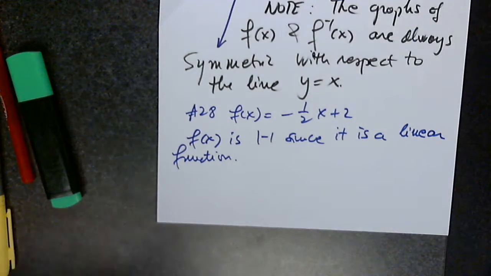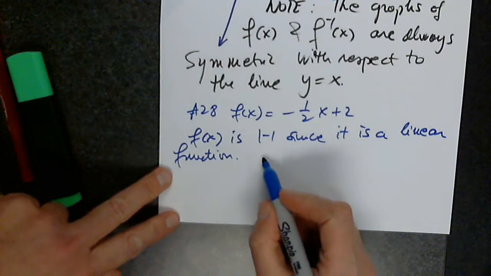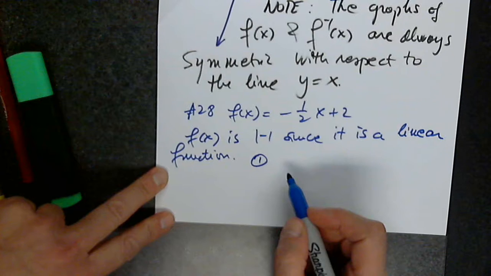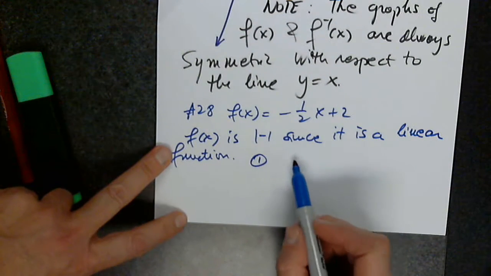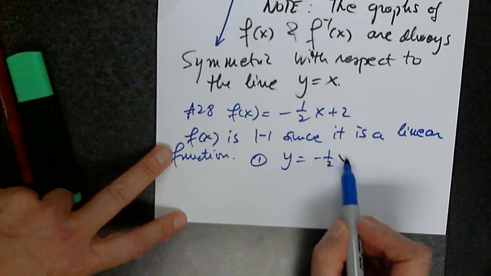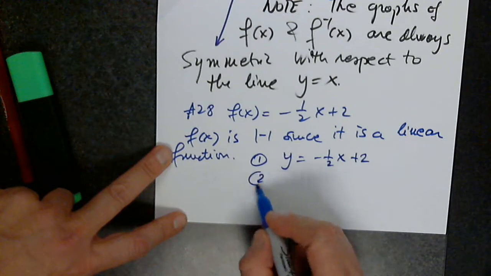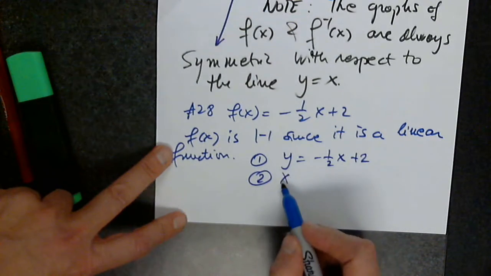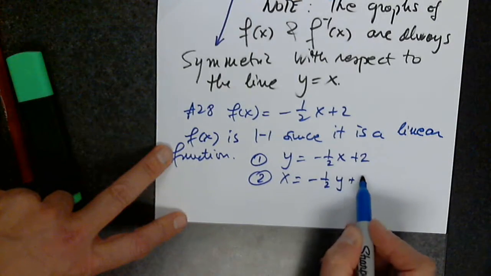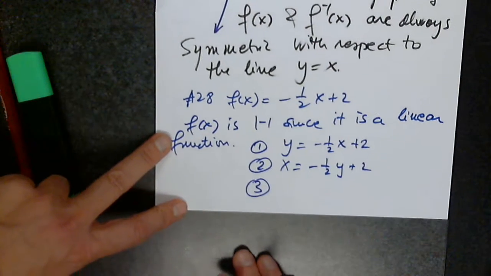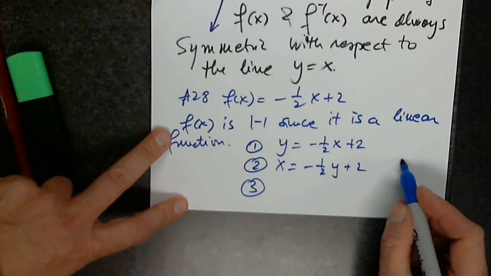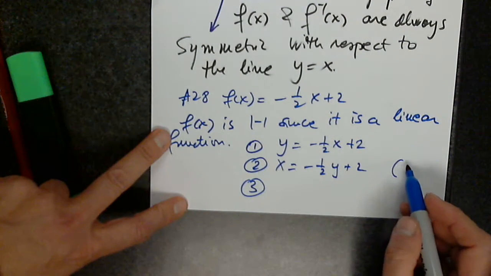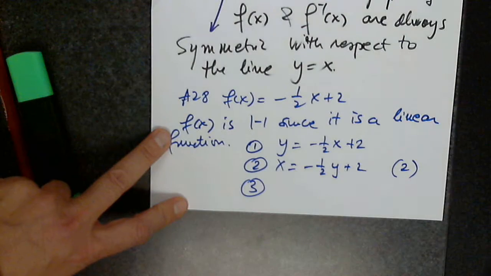Okay, in step 1. Perfect. Step 2. Excellent. Excellent. Step 3. I will multiply both sides by 2 or negative 2 just to get rid of fractions.